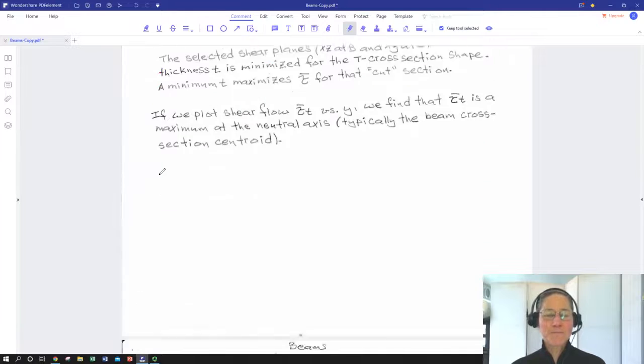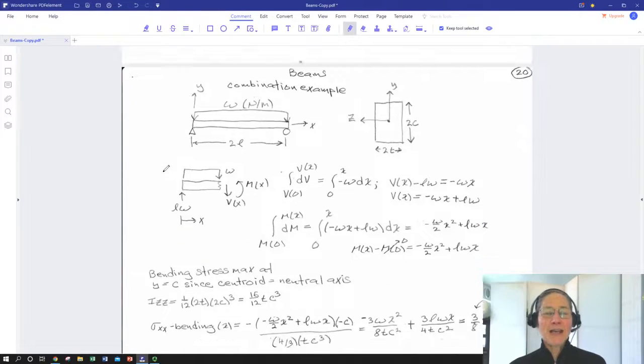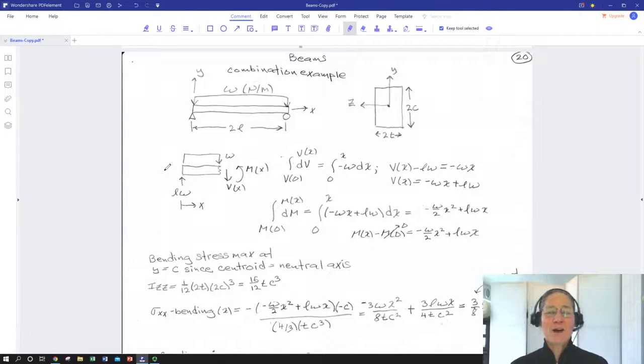So we're going to end now, but just looking at our upcoming, we have one lecture after this in the topic of beams. We're going to take a super simple beam shape, just a rectangular 2c by 2t rectangular solid beam, and we're going to apply everything we've learned so far.